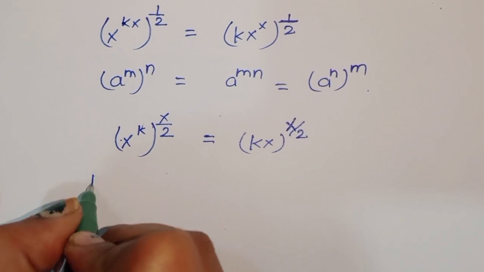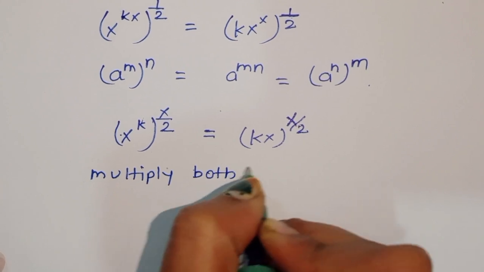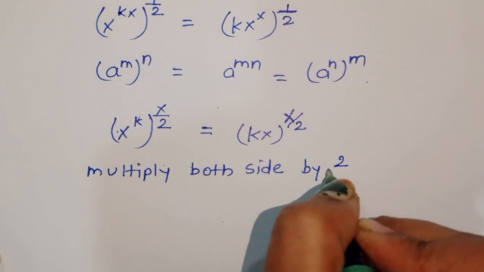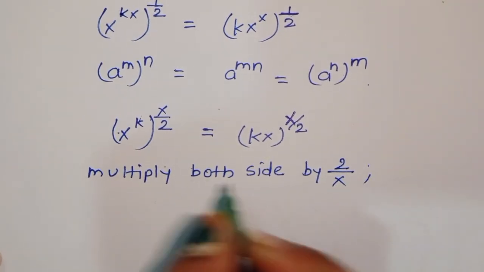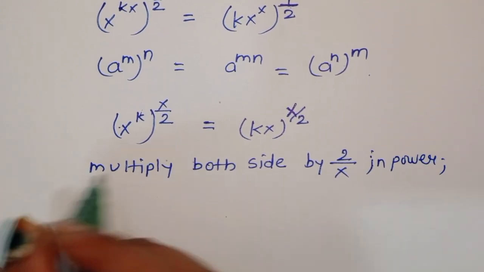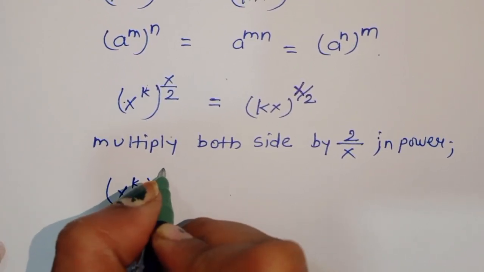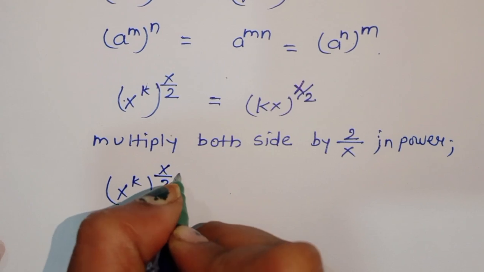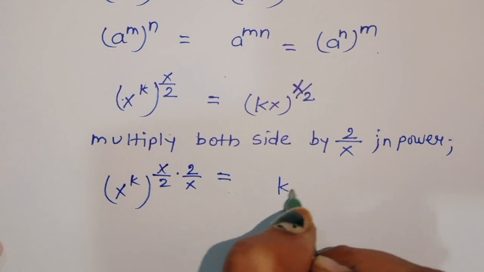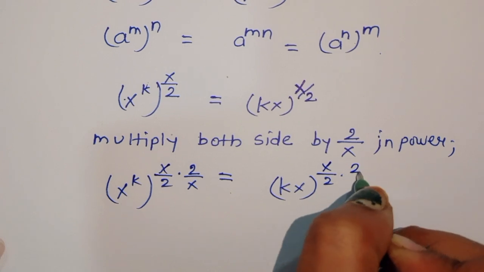Now multiply both sides by 2 upon x in power. We will get x raised to k, raised to x by 2, raised to 2 by x, is equal to kx raised to x by 2, raised to 2 by x.